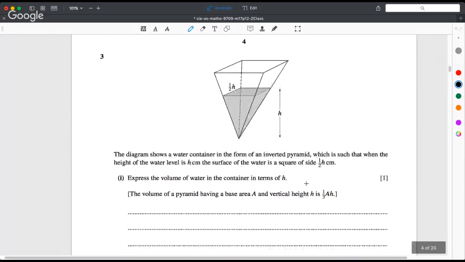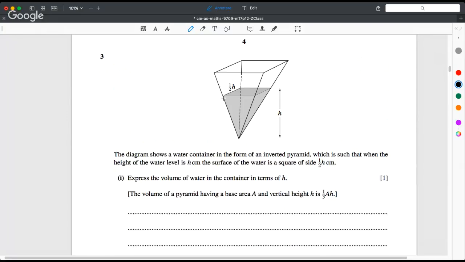Okay, question 3. So we've got this inverted cone and water flowing into it. The first question is asking you to express the volume of water in the container in terms of h. Well, that's pretty easy because they've told you what the volume of a square pyramid is.